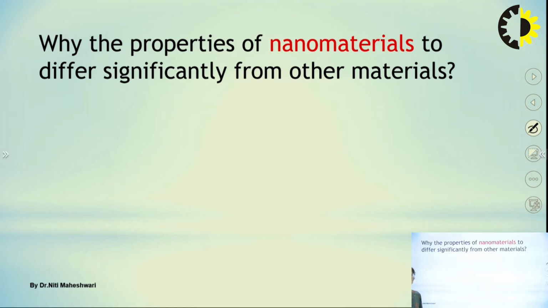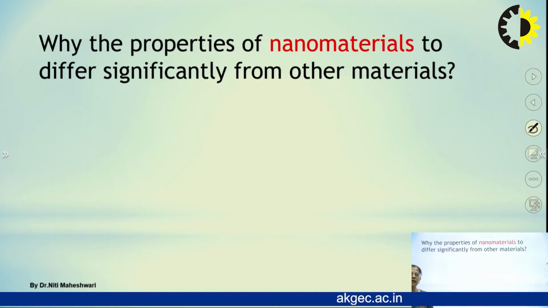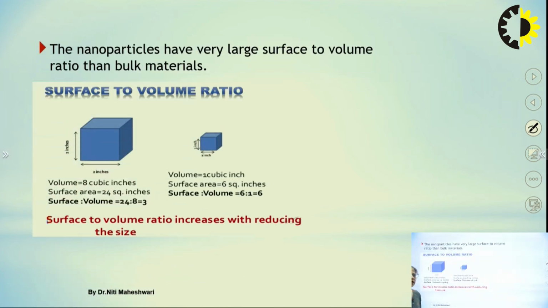Now, the question arises, why do the properties of these nanomaterials differ significantly from other materials? What is the basic reason behind the property change from the bulk to the nano size? The first basic reason is that when we break down the bulk into the nano size, the ratio of surface to volume increases significantly.